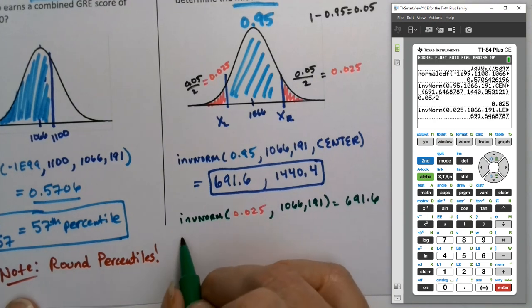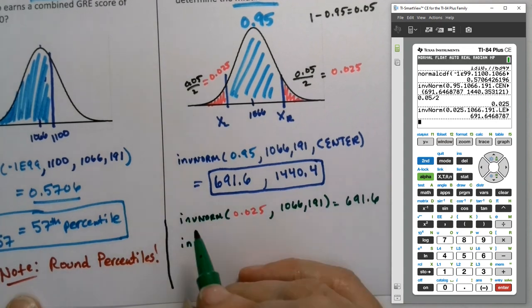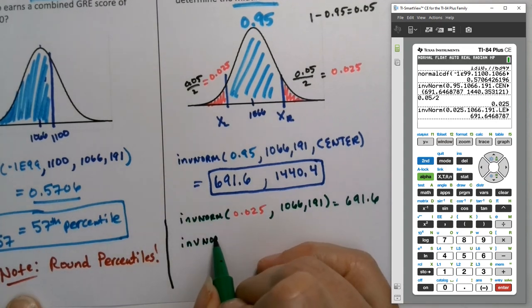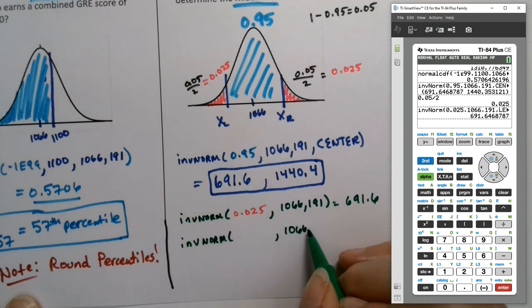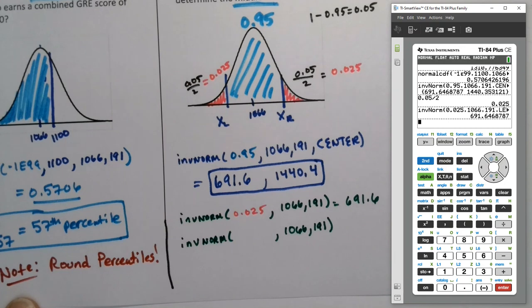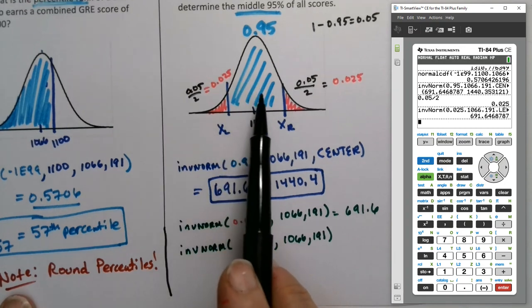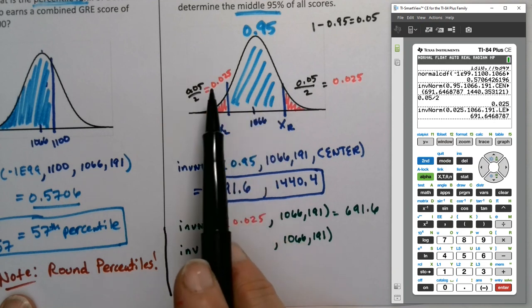The harder one is the one on the right. So inverse norm. And then you need a number to put in. And it's not a number that's sitting out there for you. It's not 95 because that's just the middle portion. It's not 025 because we just did that one. It's the two of them put together.